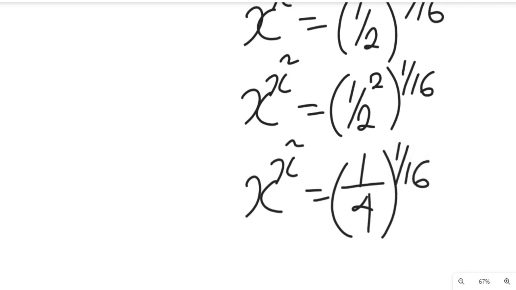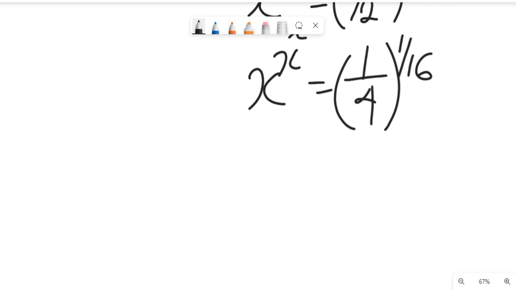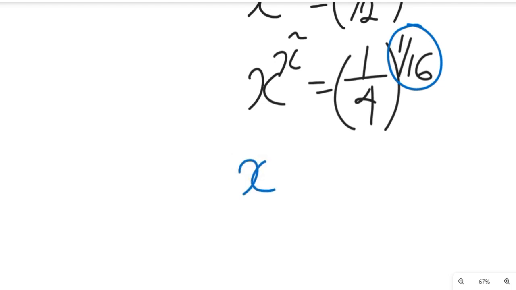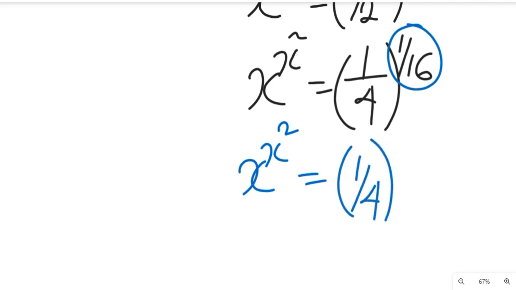By 16. Good. Now, let me go ahead to also apply one logical reasoning. If I apply one logical reasoning, I can also simplify this over here. So this will give me x to the power of x squared equal to 1 divided by 4 all to the power of 1 divided by 4 all squared, right?